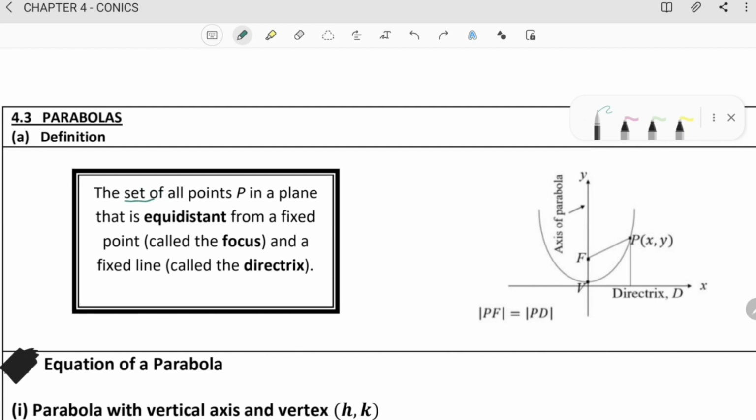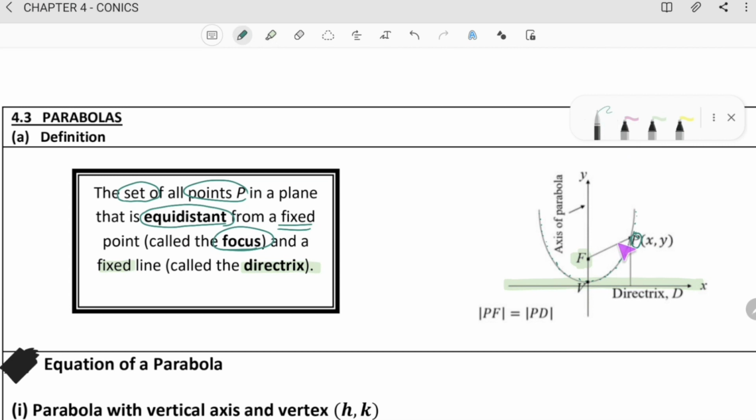It is the set of all points P, this is the P, you see. So this point is on the parabola. Okay, we connect the dots. That's why it becomes the parabola, which is equidistant from a fixed point called the focus, this is the focus, and a fixed line we call the directrix, this is the directrix.